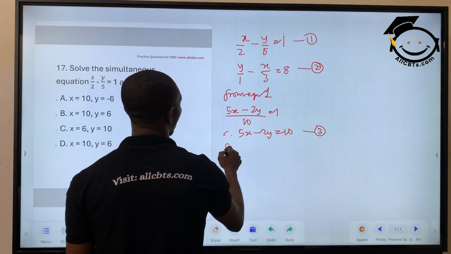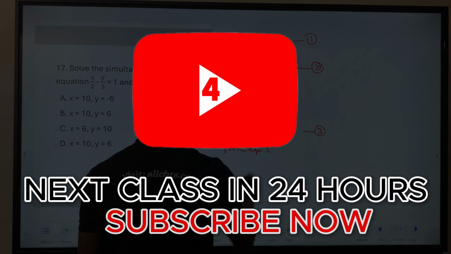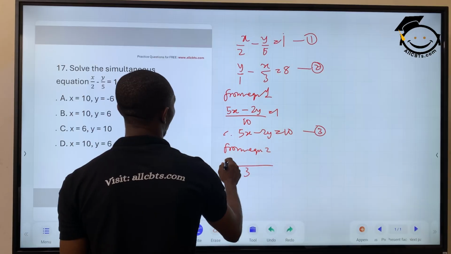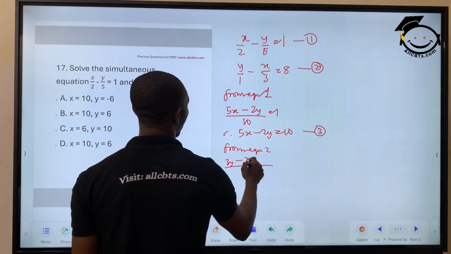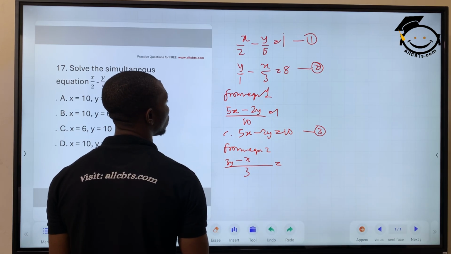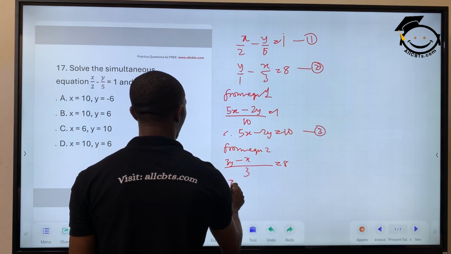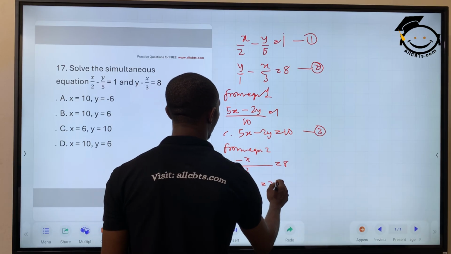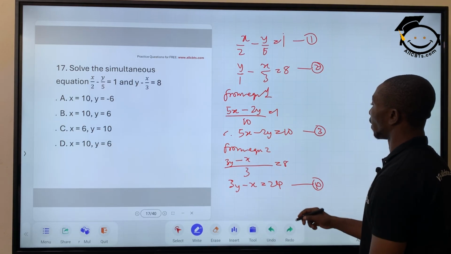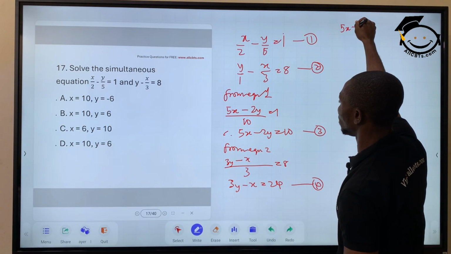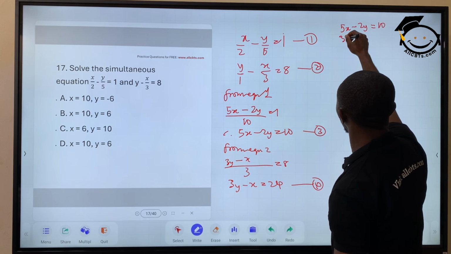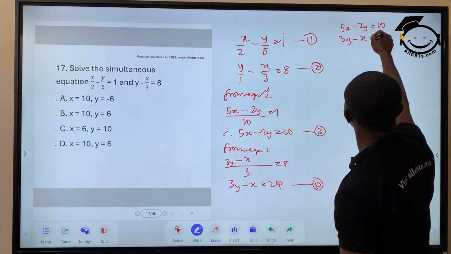So, from equation 2, okay, we have our LCM as 3. This becomes 3y minus x equals 8. So this gives us 3y minus x equals 24. Call it equation 4. Now, we have 5x minus 2y equals 10, and 3y minus x equals 24.